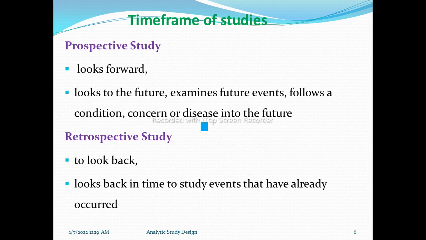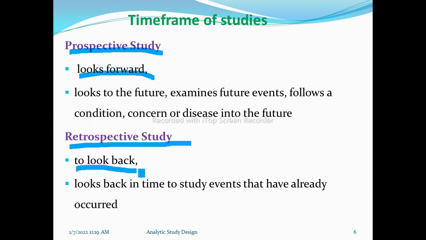So, time frame of studies. There are two time frames of studies. One is prospective study, the other retrospective study. Prospective study looks forward, while retrospective study looks back or backward.